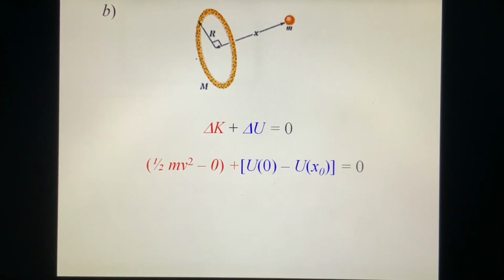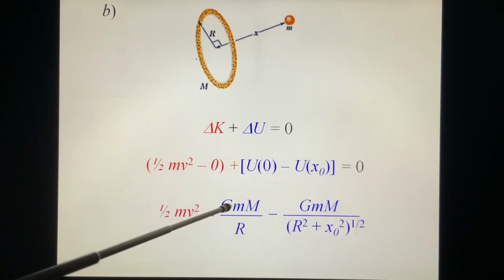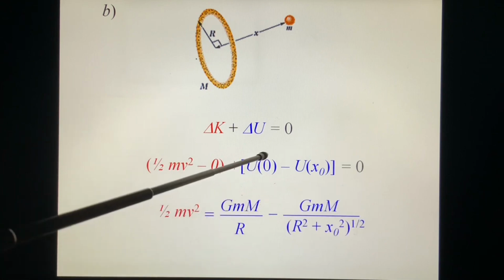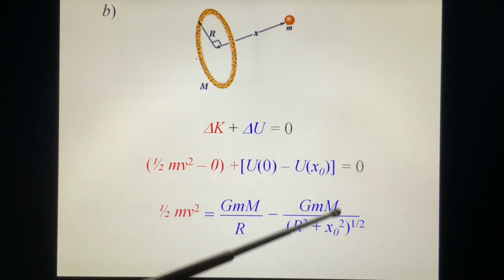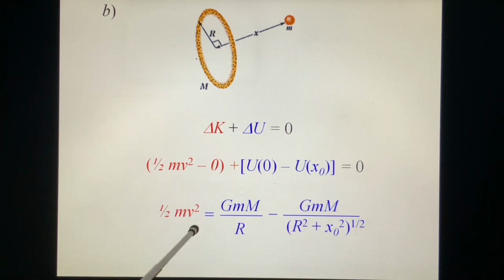Then we put the numbers inside. This one is GMM over R, this one. What is this one? Potential energy, okay? So instantly we can find the V, the same V as we got before.